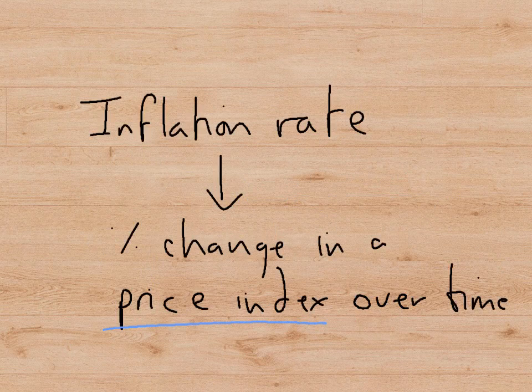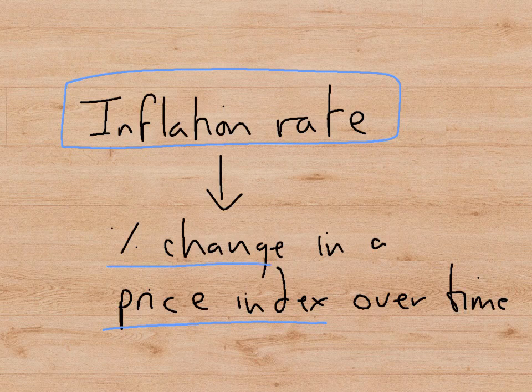We know that the inflation rate is actually a percentage change in a particular price index over time. And the most common price index that we use is the consumer price index, which measures the price of goods that consumers or households regularly buy.